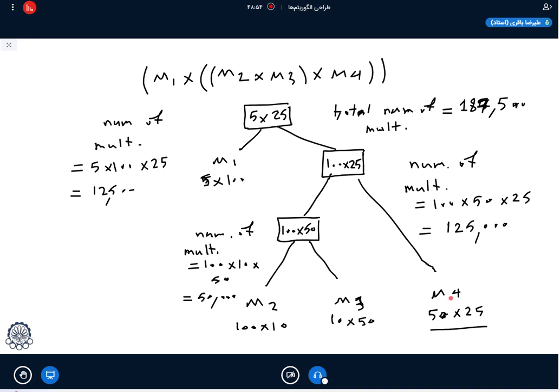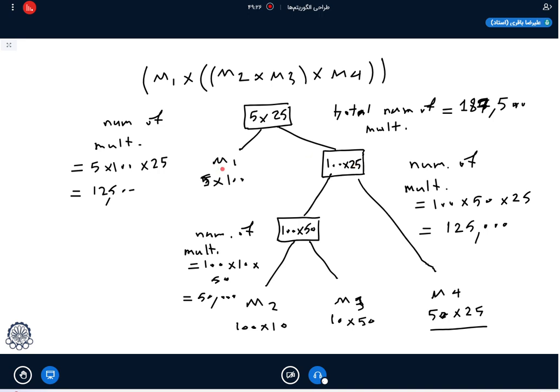So the number of multiplications that is done here is 100 multiplied by 50 multiplied by 25, which is 125,000. This is the number of multiplications, and the resulting matrix has 100 rows and 25 columns.